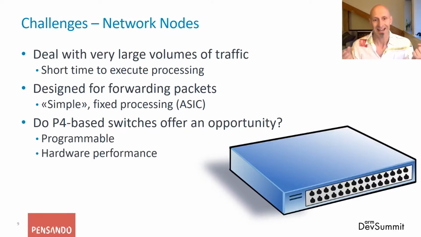Moreover, network nodes have been designed for forwarding packets, so for implementing relatively simple tasks, and they are often based on fixed function devices, fixed function ASICs, application-specific integrated circuits, that in fact execute simple functions and cannot be changed.